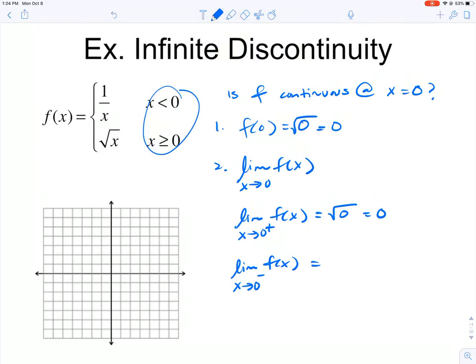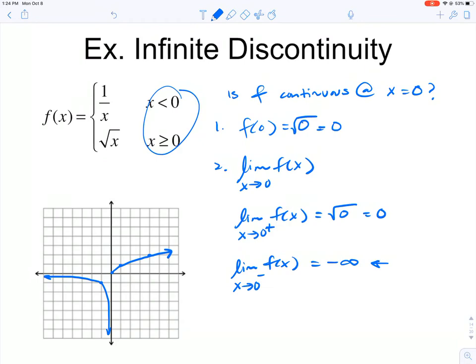So thinking about this graph, when x is less than 0, and then when x is greater than or equal to 0. Okay. So the limit as x approaches 0 from the left would be negative infinity.